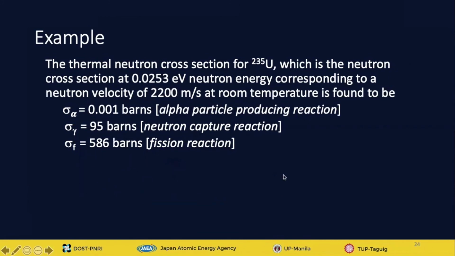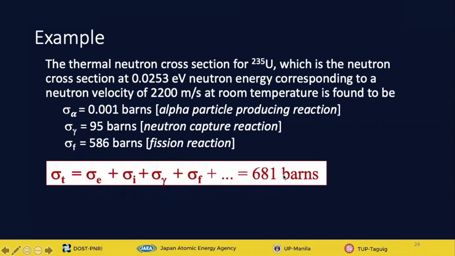Summing up these cross-sections, we get a total of 681 barns. So the total cross-section of a uranium-235 atom is 681 barns. What other information can we get here?